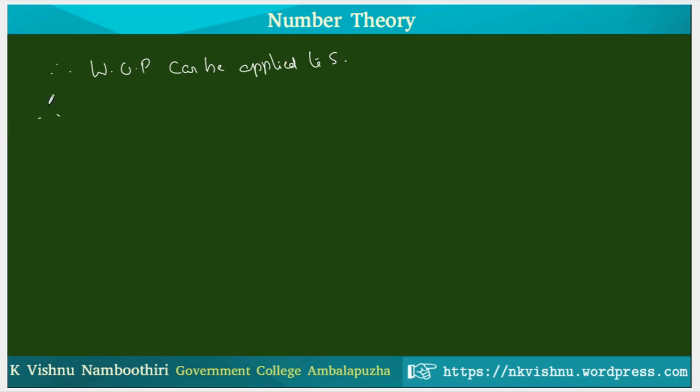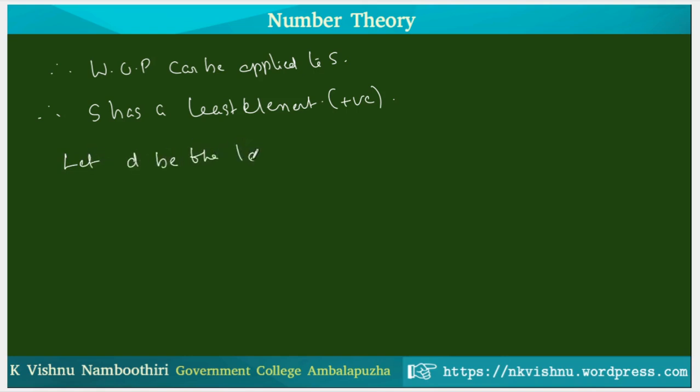Therefore, S has a least element, which happens to be positive, because S is a subset of the set of all natural numbers, and therefore it is automatically positive. So let D be the least element in S. What does D look like?